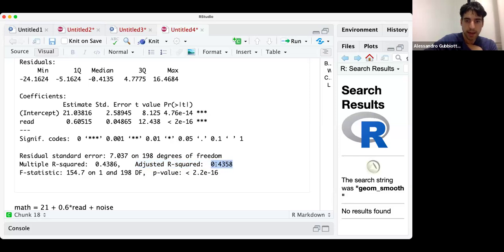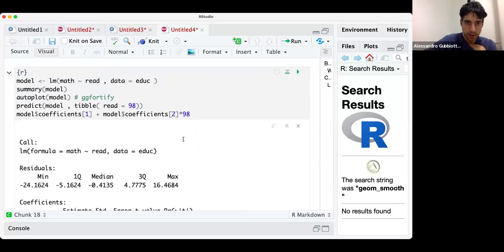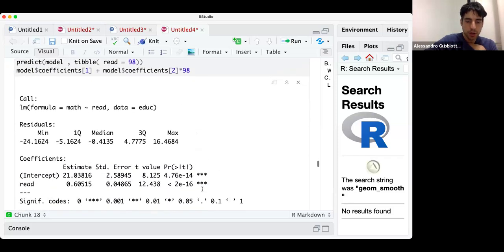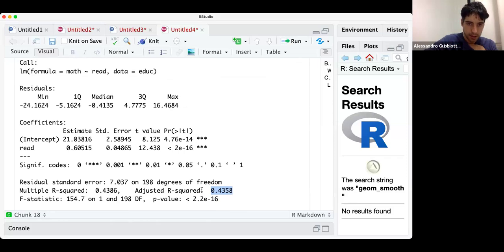So if we add another variable which is independent from the others, it should decrease. If I add a variable and only look at the multiple R squared, for sure it will increase because the model will fit the data better.